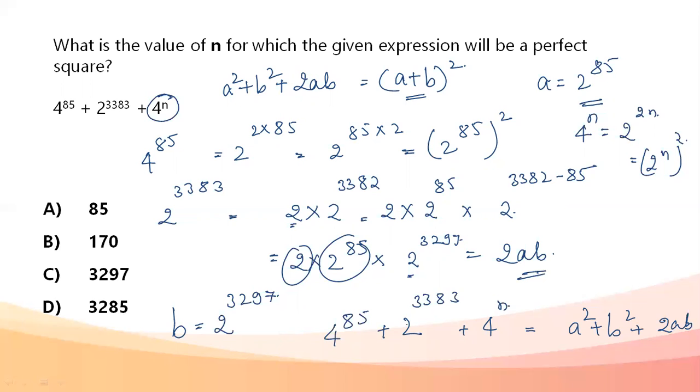So my b square is actually 2 raised to power 2 into 3297. So the value of n, I have just converted this 4n into the format of 2 raised to power n. So your 2n comes out to be 3297. Value of n is 3297.